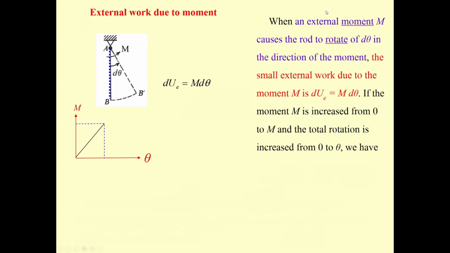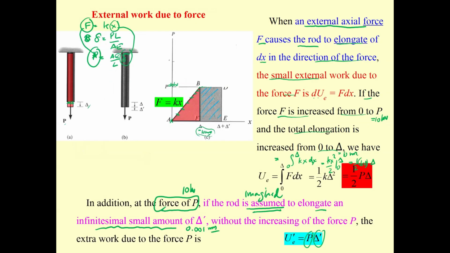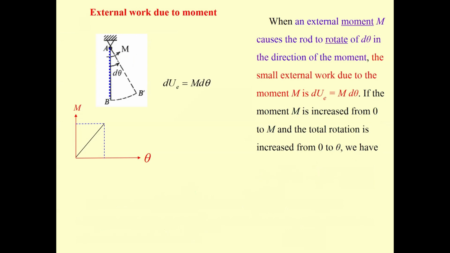Now, for the moment, for the beam and the frame, the deformation of the beam and frame is due to the bending moment. So think about a member with a spring over here, and then you apply the moment M, then the angle is going to increase.